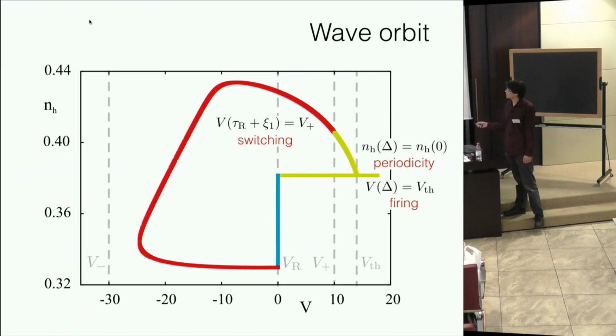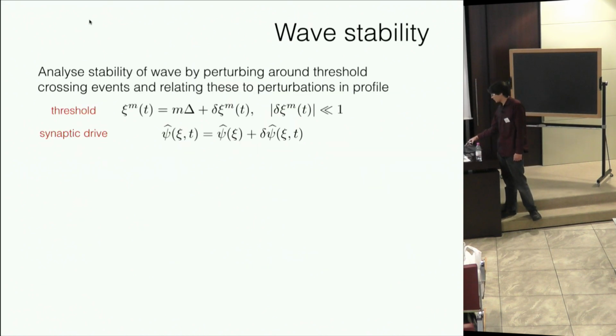And also that we match at the point where our steady state activation curve goes from being flat to being linear. So if we put together the evolution operator from the previous slide with these three conditions, we can basically find an orbit. Okay, so that's essentially done.